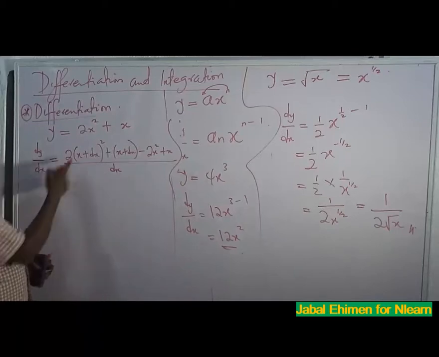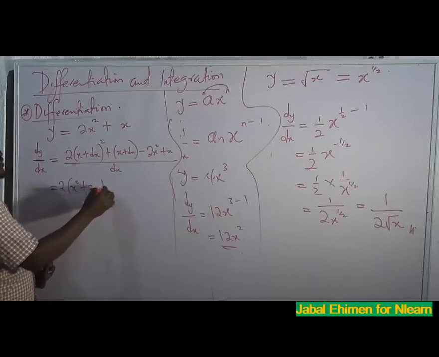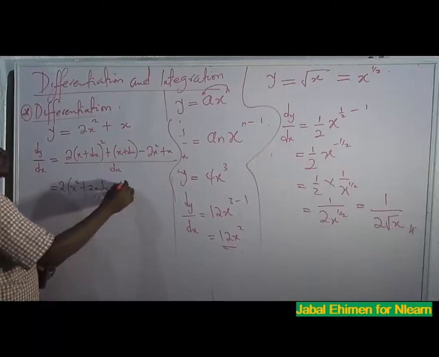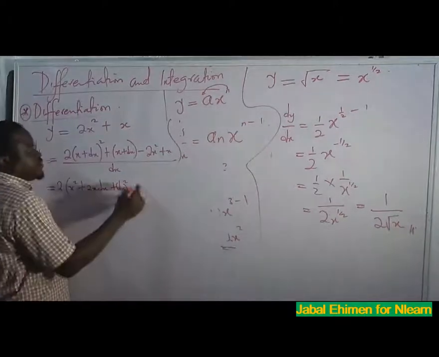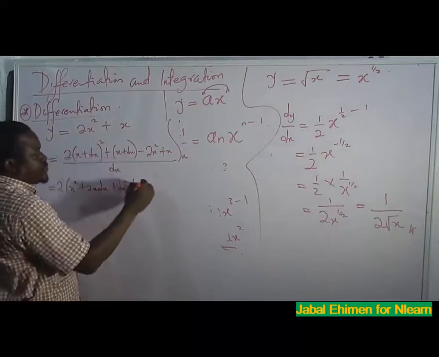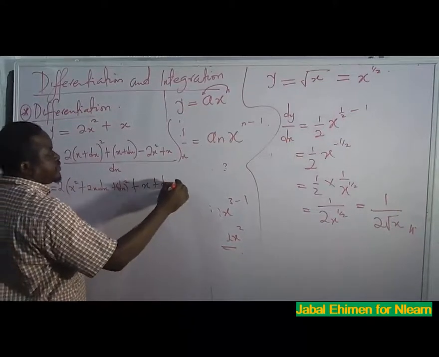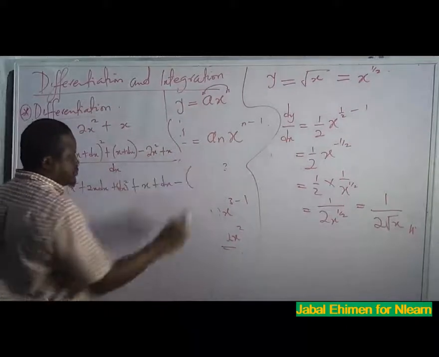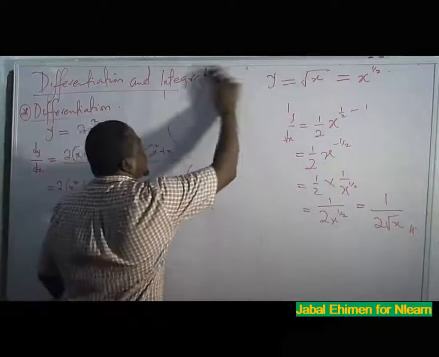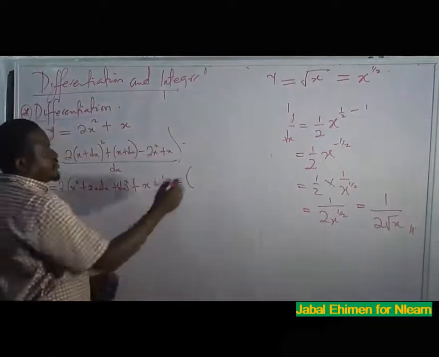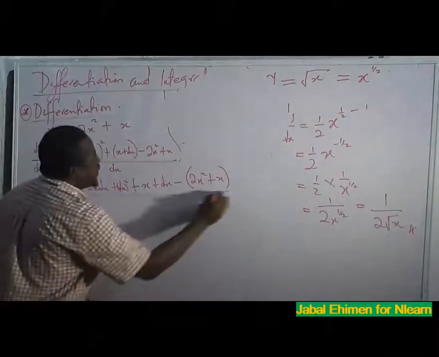Now you continue by opening the bracket, that becomes x squared plus 2x dx plus dx squared, plus x plus dx, and it becomes minus 2x squared plus x, all divided by dx.